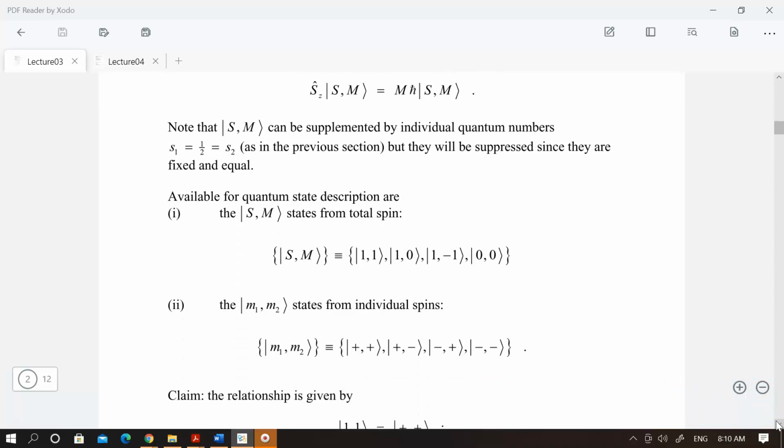So in the case of the individual spins, you have spin up for the first particle and spin up for the second particle, and so on and so forth. So from the individual spin basis, you have 4, and from the total spin, you should have 4. So that amounts to having this 0 0 state on top of the spin 1 states.